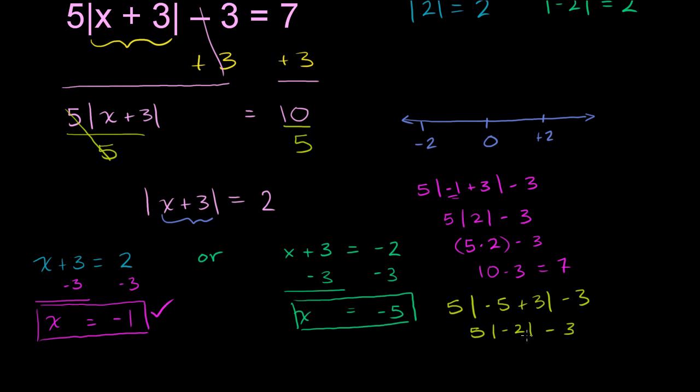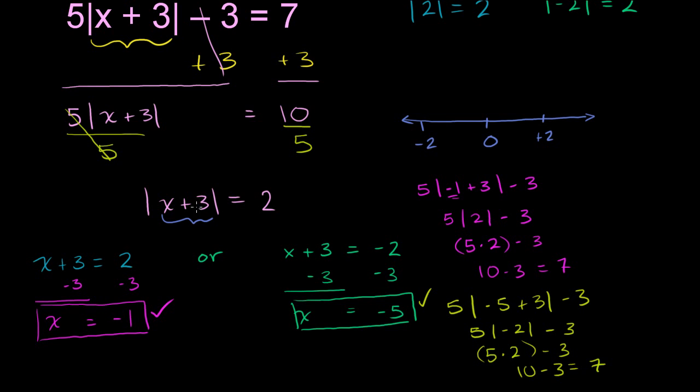The absolute value of negative 2 is positive 2, so this is 5 times 2 minus 3, which is 10 minus 3, which is again equal to 7. And notice, in this situation the thing in the absolute value sign became a negative 2, because x plus 3 could be equal to negative 2. In the other situation, the thing in the absolute value sign was a positive 2.